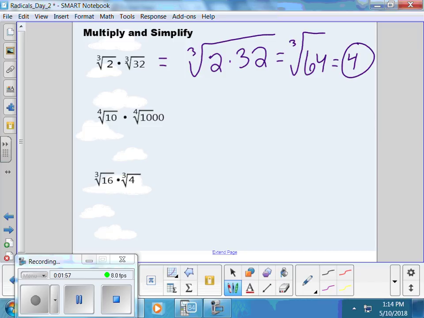All right, next one. These are both fourth roots. So I can put them all underneath one big fourth root together. I would take the 10 and I would multiply it by 1,000. So tell me what that would give you. I think 10,000, if you just count up your zeros. It'd be 4 zeros. I'm going to check myself though.